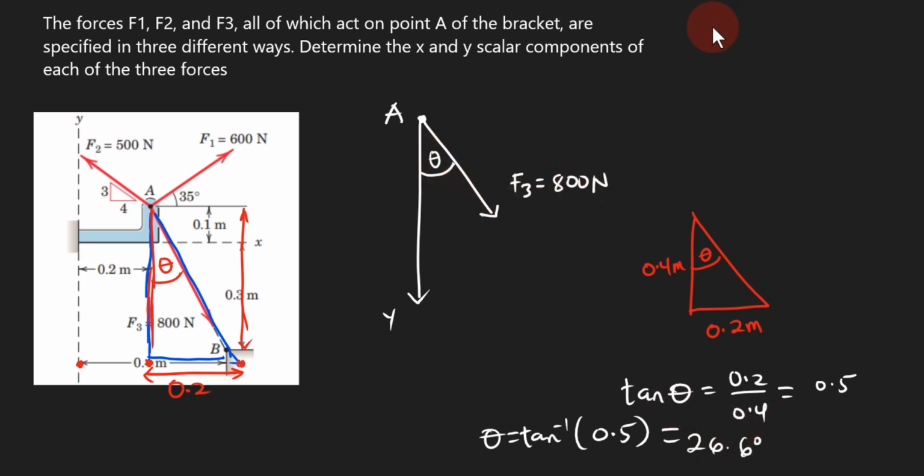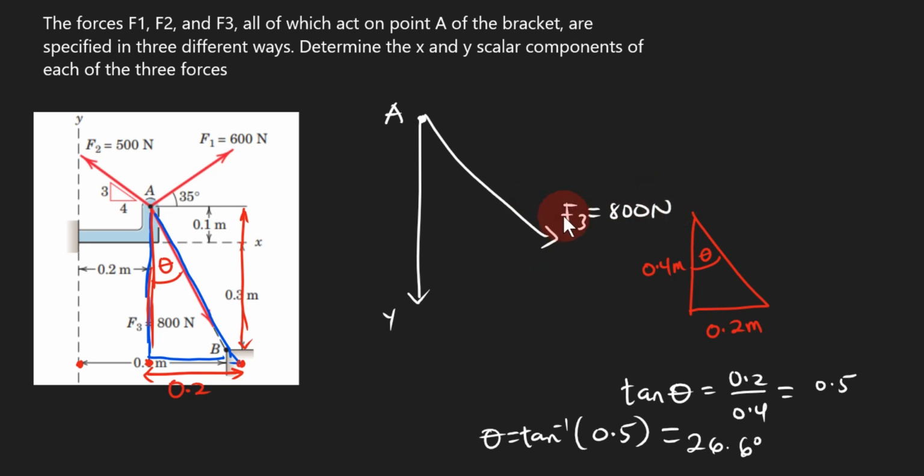So I can mark this theta here, and then redraw this force so that I can indicate it here. This is F3, and that's equal to 800 Newton, and we know this angle now to be 26.6 degrees. So now let's find the x and y components of F3.